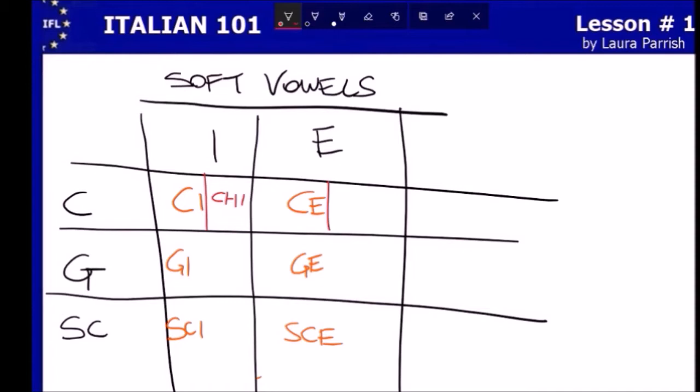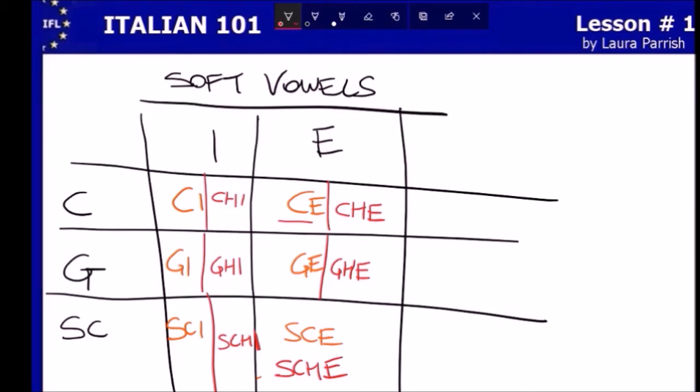So basically you add an H. Here you have the sound che. If you want to make it strong, it will be ke with an H in the middle. The same for the sound G with an H, it is gonna become gi. Soft sound J with an H is gonna become ge. And she is gonna become ski with an H. Instead, she with an H is gonna become ske.